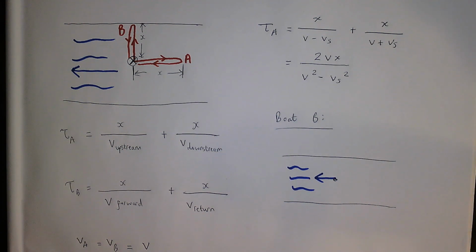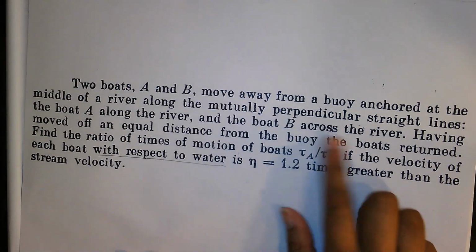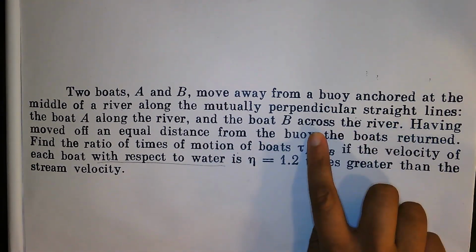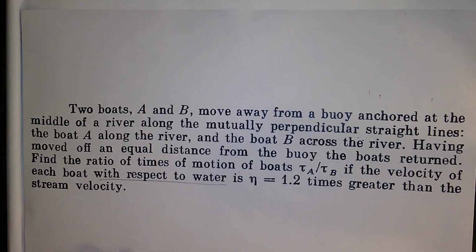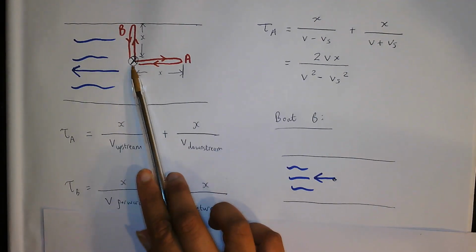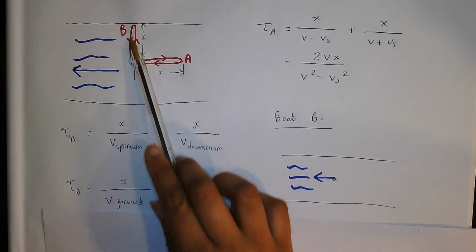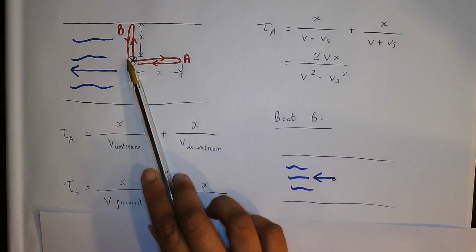Okay. But for boat B, the important thing to remember is that it is travelling across the river, and this is from the frame of reference of our stationary observer on the buoy. So this path of boat B is the resultant path.